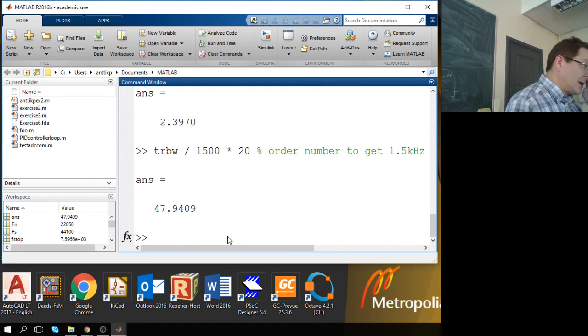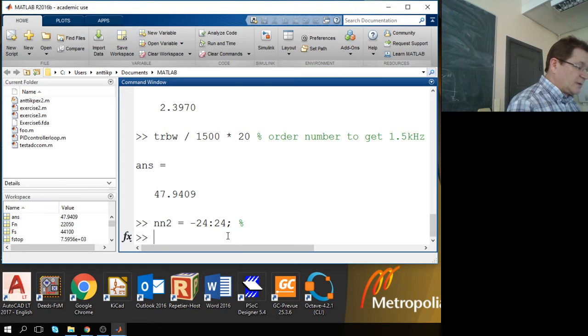Okay, order number is 48, meaning from minus 24 to 24. So, okay, the new indexes range from minus 24 to 24, or minus 23 to 23. This is not science, this is engineering. Remember that.